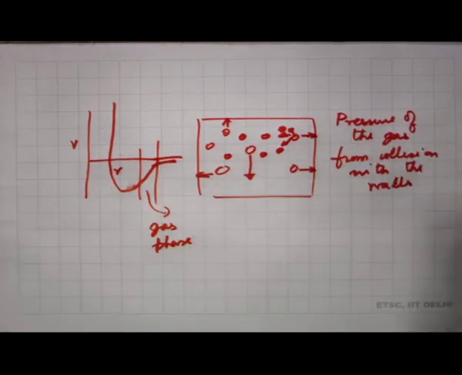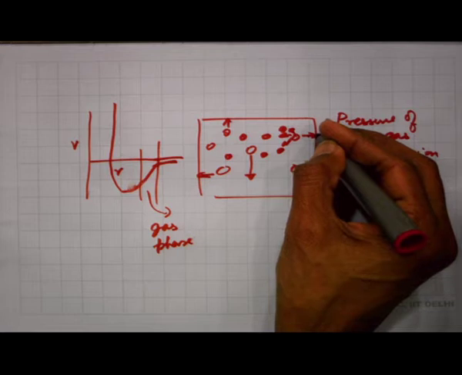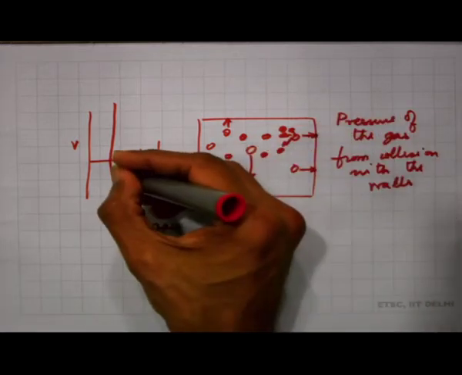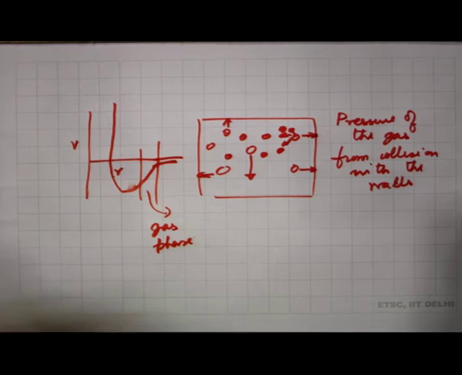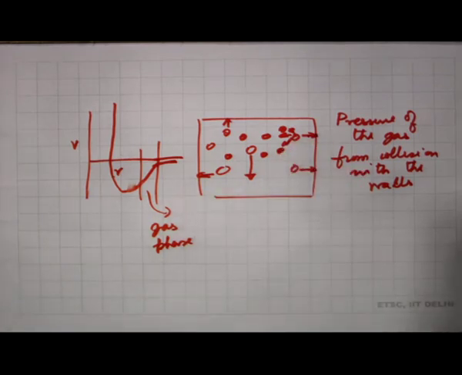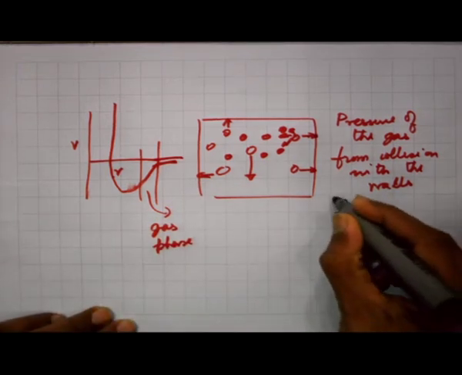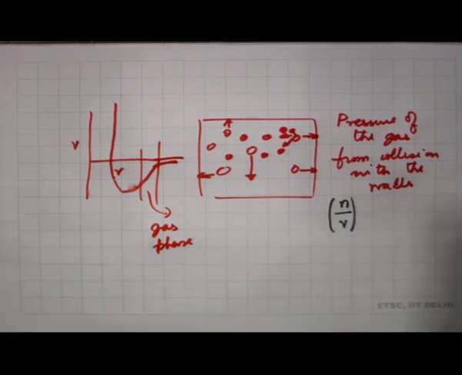So, always the velocity of the gas molecules that hits the wall is going to be less than if you were in this region. The amount by which the velocity decreases is proportional to the number density of molecules in the gas phase. So, the one thing that it is proportional to is n over V, the number density.